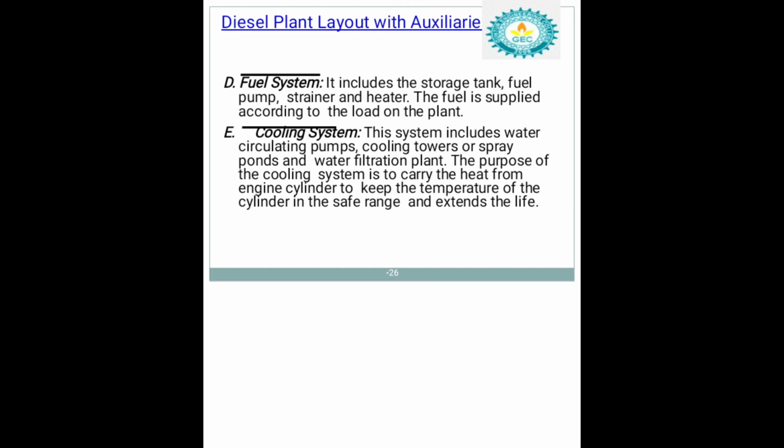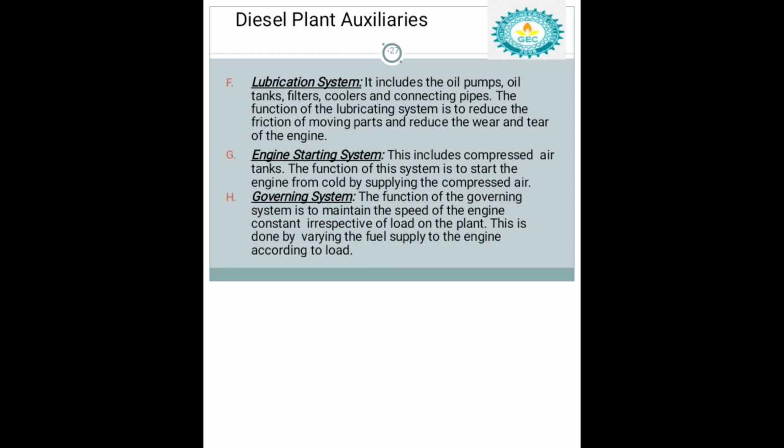Cooling system. Cooling system helps to cool the engine and remove the heat from the engine. We have two types of cooling systems: water cooling and air cooling. Lubricant system. The lubrication system is used to eliminate the friction in the moving parts.